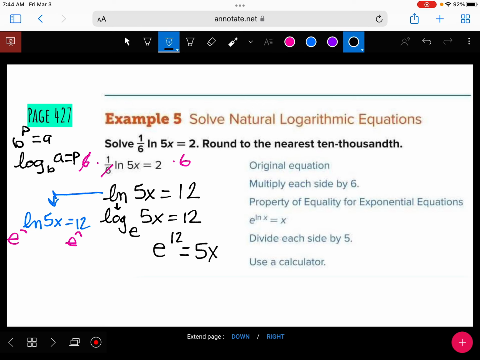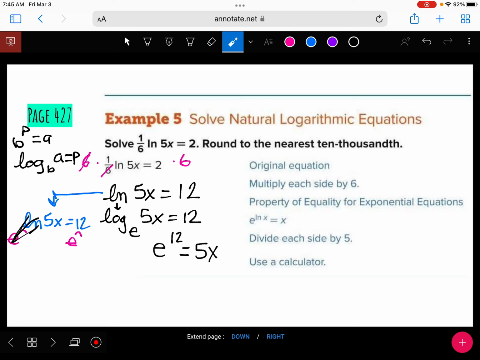We said at the very first thing we did today, e and ln are inverse operations, so they're undoing each other. And we wind up at exactly the same space of 5x equals e to the 12th. Again, I like switching forms better, but if you don't, that's okay. There's other options.